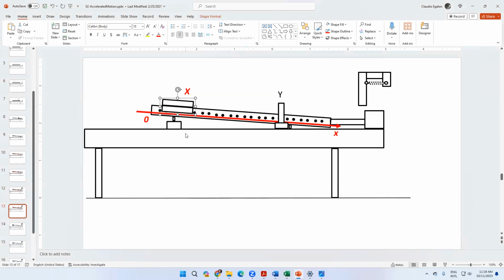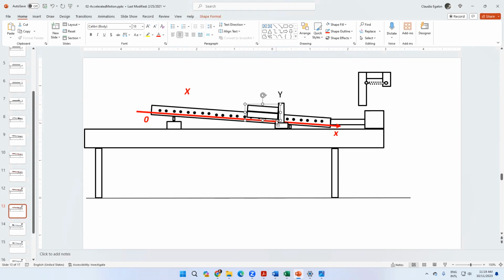Okay, we approach the card very slowly to the photo gate and watch for the moment in which a little LED, not the infrared LED, but a red LED, turns on.